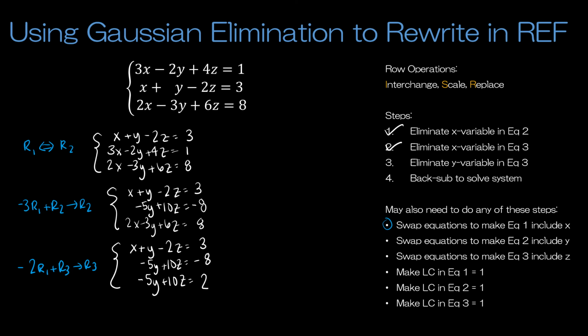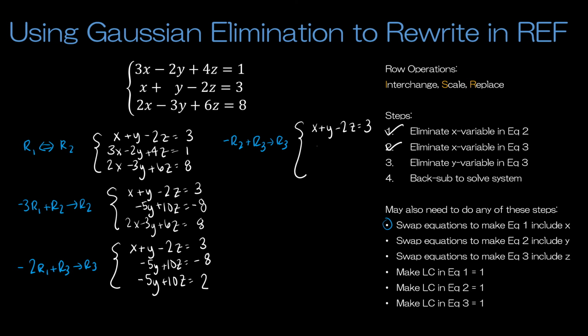Step 3 is to eliminate the y variable in equation 3. That seems to be pretty easy to do because I have -5 and -5. So all I need to do is take a negative row 2 and add it to row 3 to be my new row 3. So row 1 is still x plus y minus 2z is equal to 3.